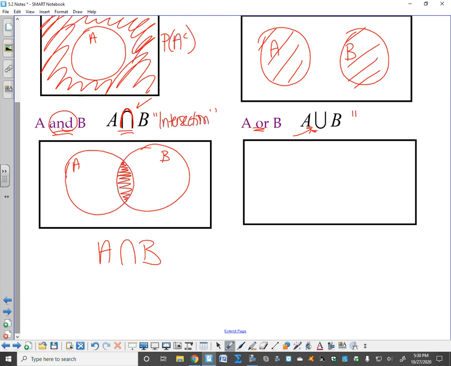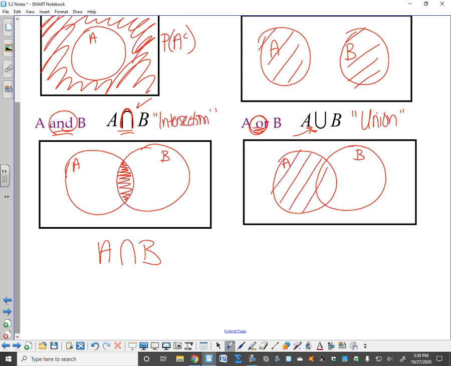Or is union. So we have event A and we have event B. Or means I want all of event A, or I could have all of event B. Now, you see there is overlappage.